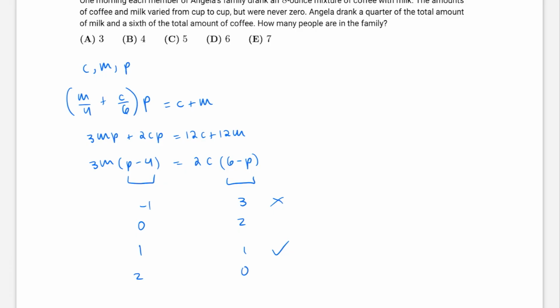And if P is 7, we get 3 and -1. Note that if one of the numbers is 0, this equation doesn't work out because we would get 0 on one side of the equation and a non-zero number on the other side, which is not allowed. So the only value of P that makes this problem work is P equals 5, as we said here. So the answer is C.